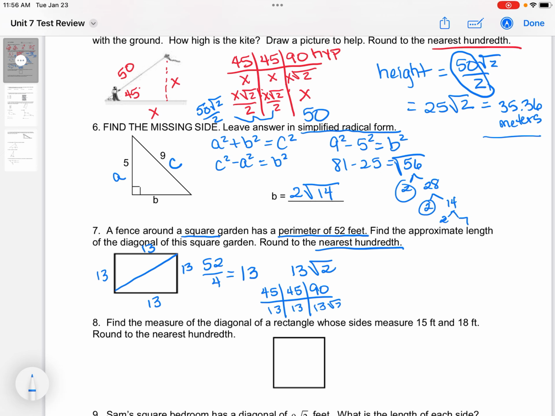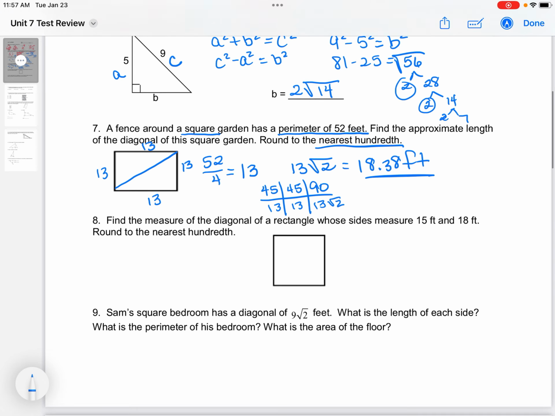So I have 13, 13, 13 square root 2, which is 18.38 feet. That is the diagonal.